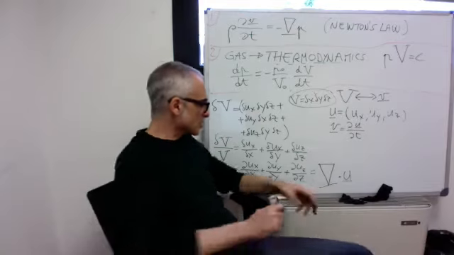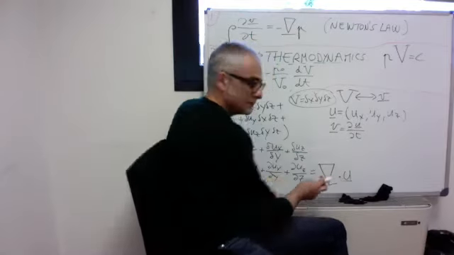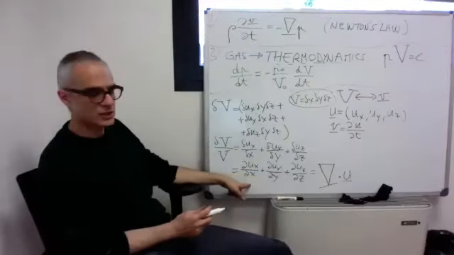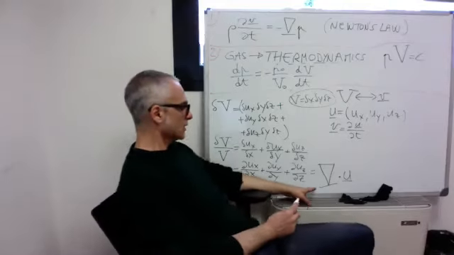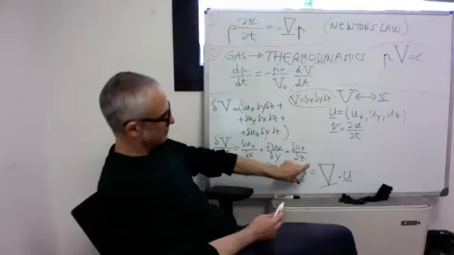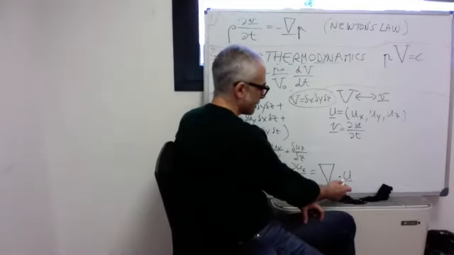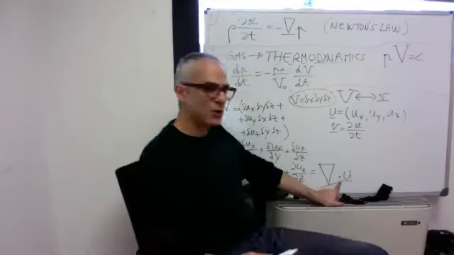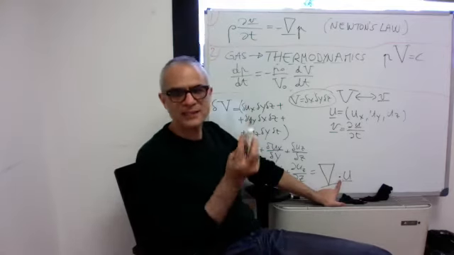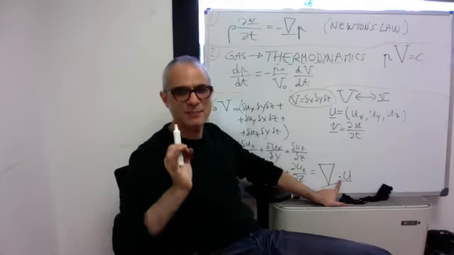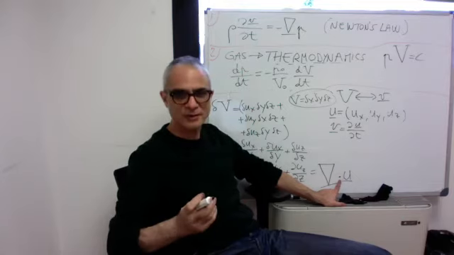Here, actually, I'm doing a different operation, okay? What I'm saying here is that this expression is what I obtain if I apply the nabla with a scalar product here, okay? This dot is not just a dot, it's important. It stands for scalar product.